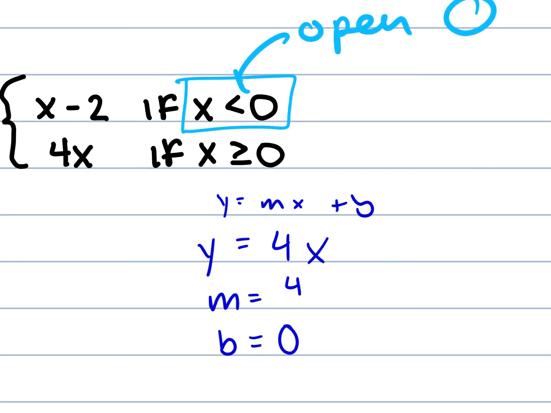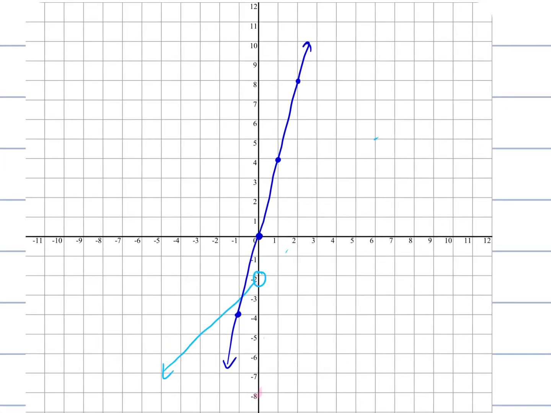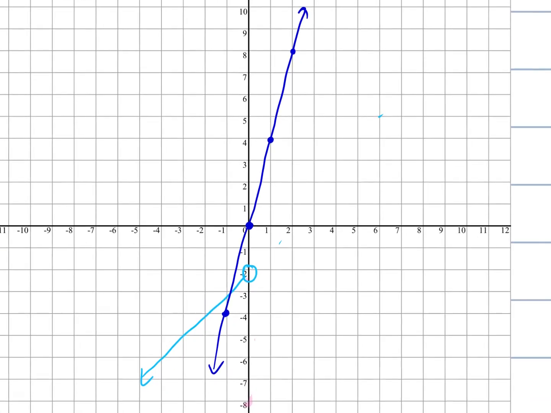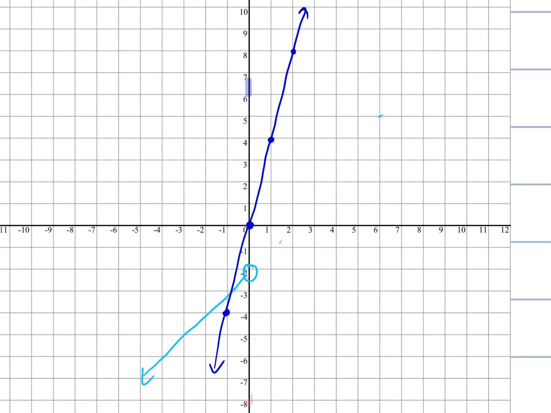Now, what's the only part of our graph that we care about? x is greater than or equal to 0. So we're looking at greater than. So we put a line down 0. Is greater than 0 going to be to the right or to the left? To the right. And which part do we keep? The right. So we keep the part that it's talking about.